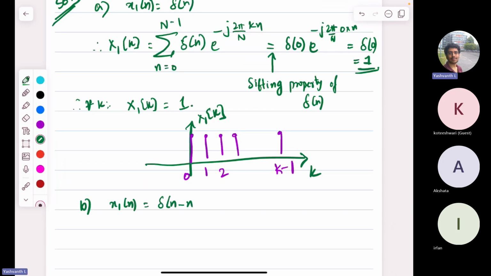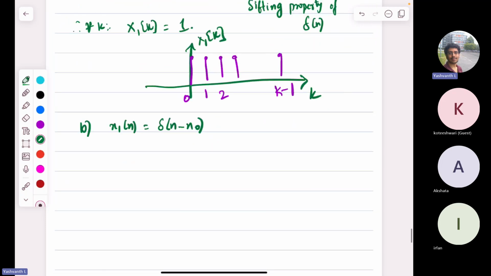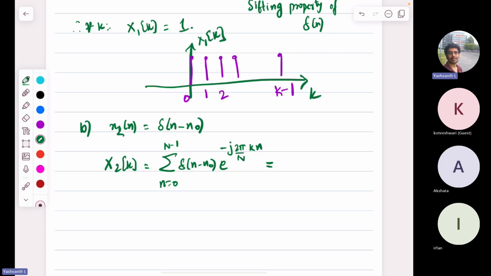If I apply the definition, x2 of k equals summation n equal to 0 to N minus 1 of delta of n minus n naught into e power minus j 2 pi by capital N into kn. Now, can anyone tell me how to evaluate this sum?